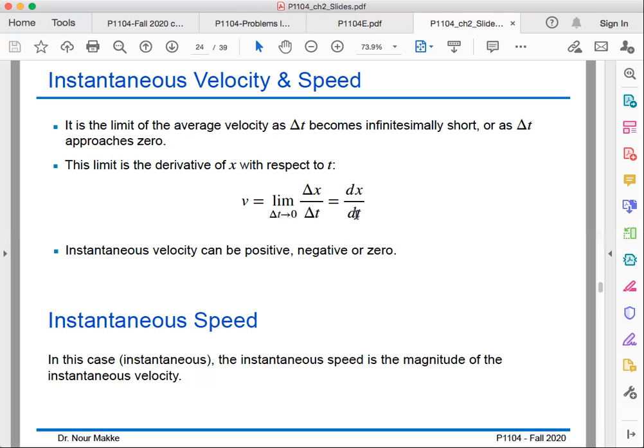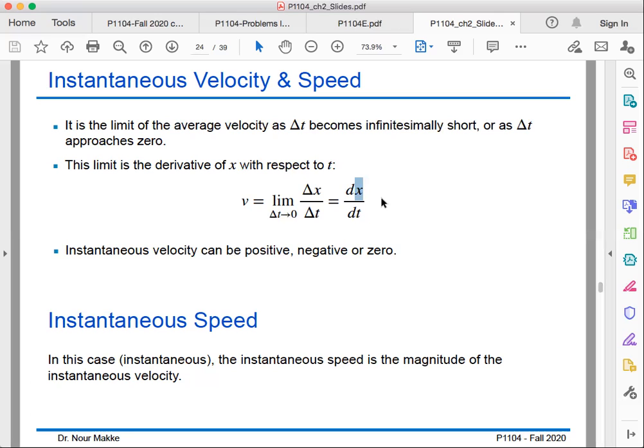And the instantaneous velocity, keep in mind, can be positive, negative, or 0. That depends on the way the position x is changing. So if x, for example, is increasing, that means that v is positive, and the same for the other cases. So it could be negative as well as 0.